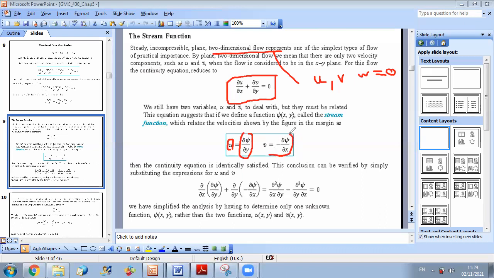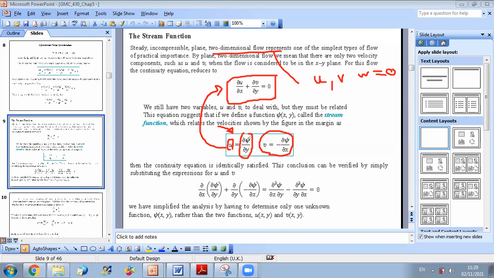Then why in this case can we simplify the analysis? Because look, first, how we got this definition: we can make sure together that if we define this function in this way, we will always satisfy the conservation of mass.